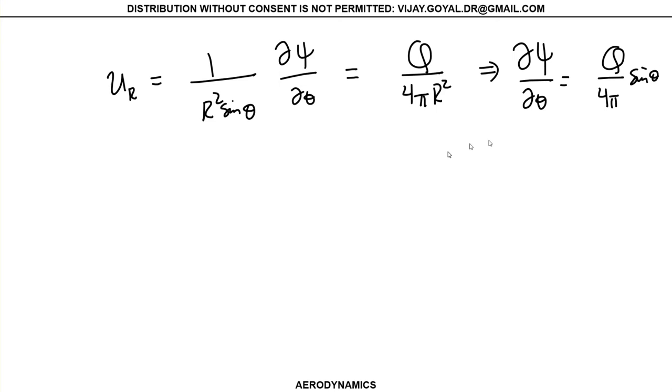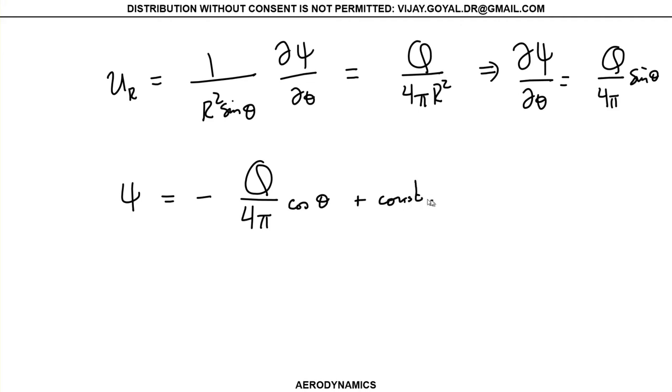So from this, you can see that your psi, your source stream function, would be, if I integrate on both sides, Q over 4 pi times minus cosine of theta plus a constant.